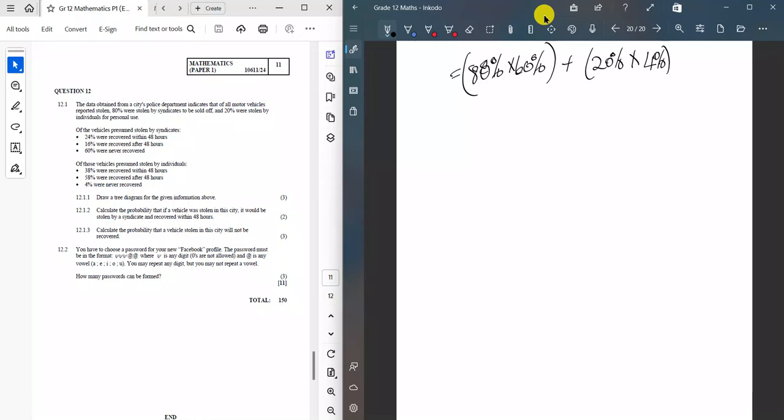So this will be 0.8 times 0.6 plus 0.2 times 0.04, which is 0.488. I should just call it 48.8%.